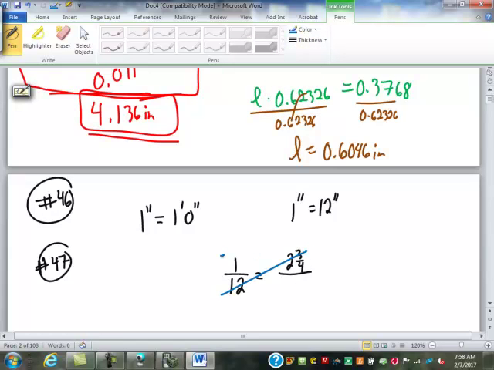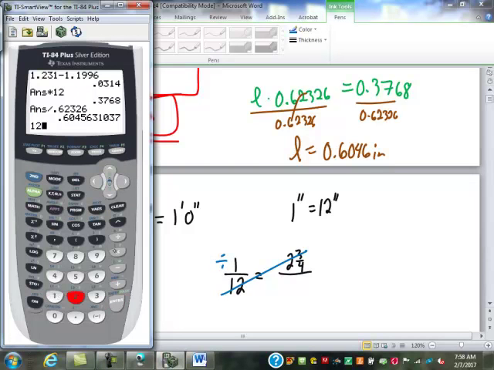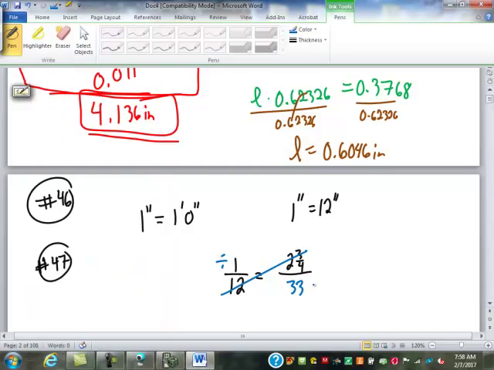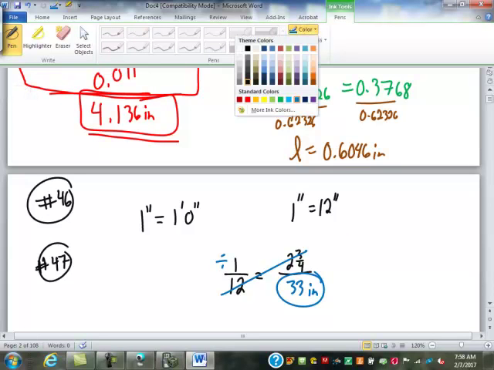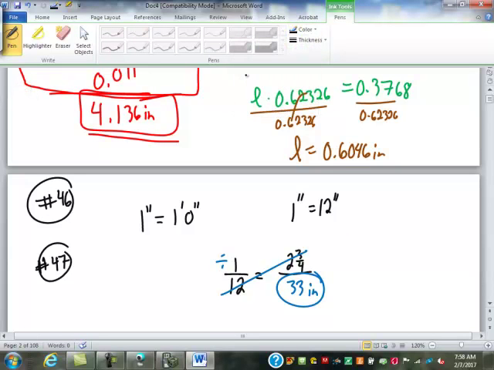So you cross multiply and divide. 12 times 2 3/4 is 33. So it's going to be 33 inches in real life. Okay, jumping over to number 54 then.